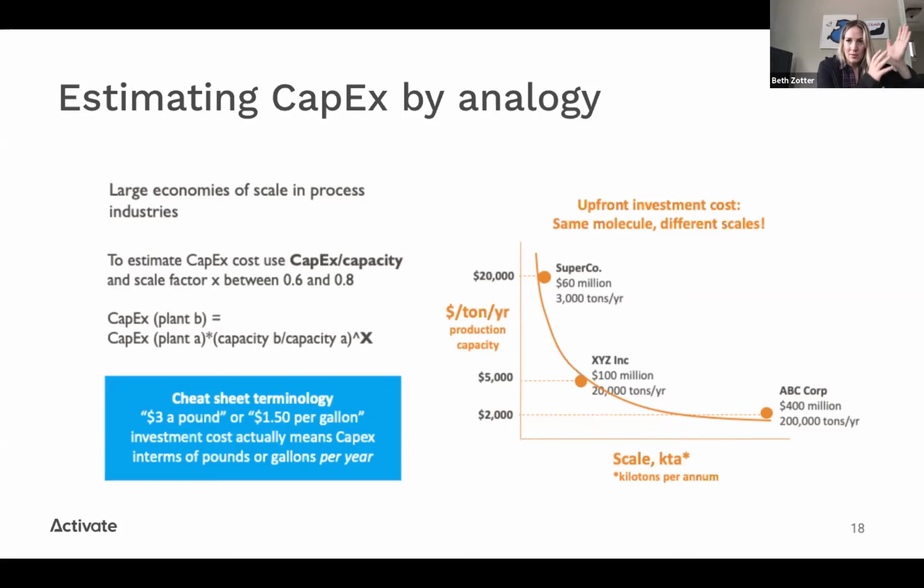It's a cost per output capacity, and often the per year is just eliminated, which is confusing. So I was like, oh wait, they're saying that chemical plant is like $3 a pound, but it's actually the investment cost in the CapEx that they're talking about. Just a little note there.